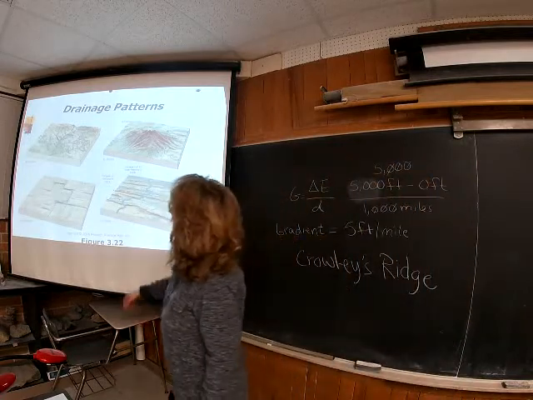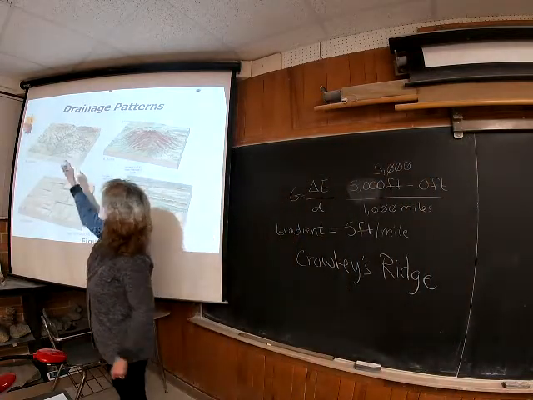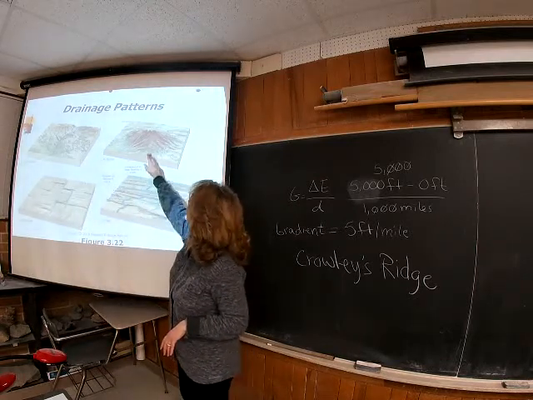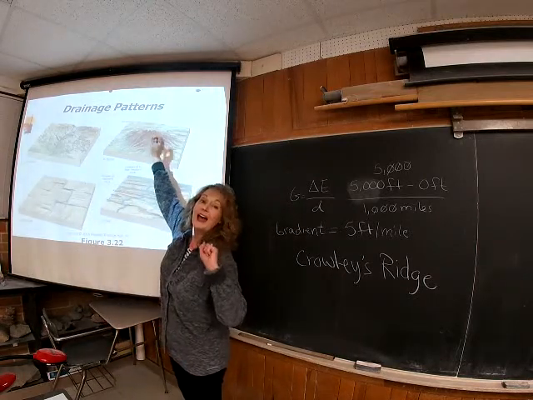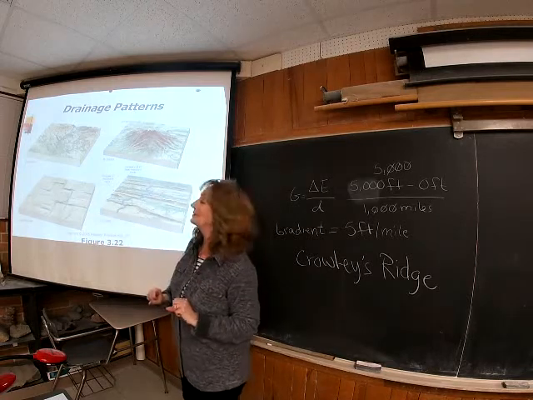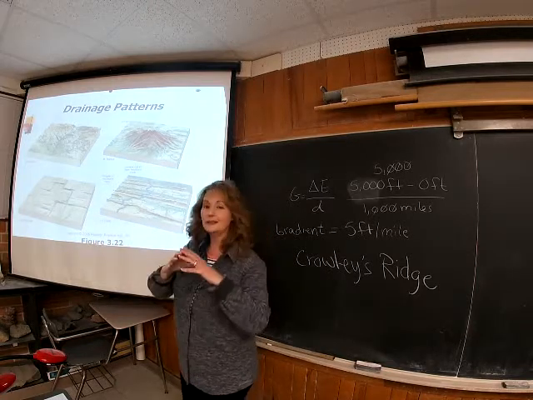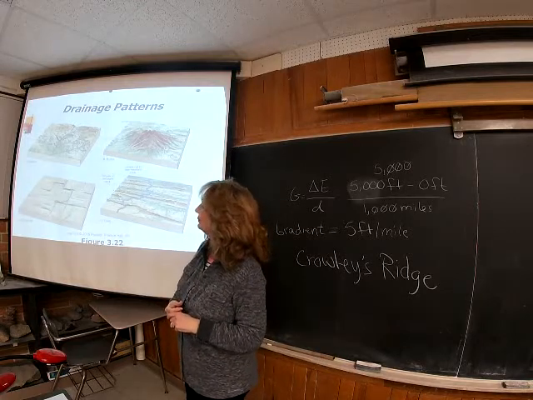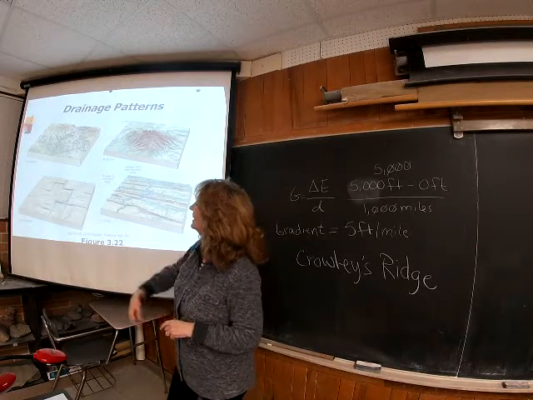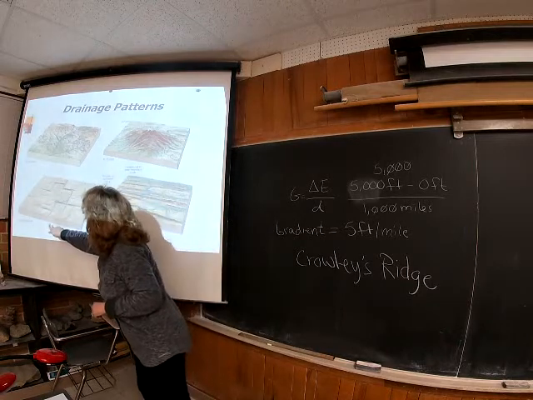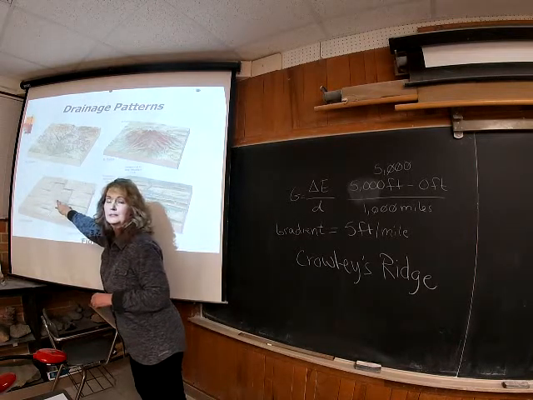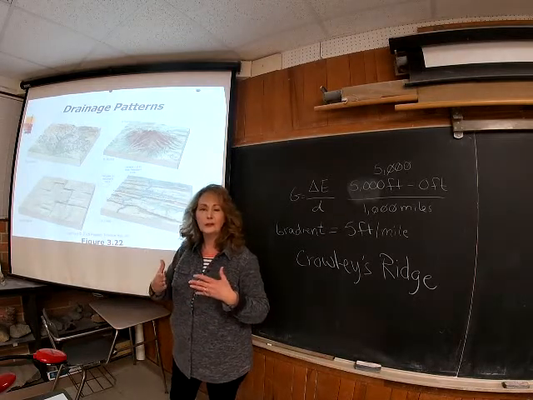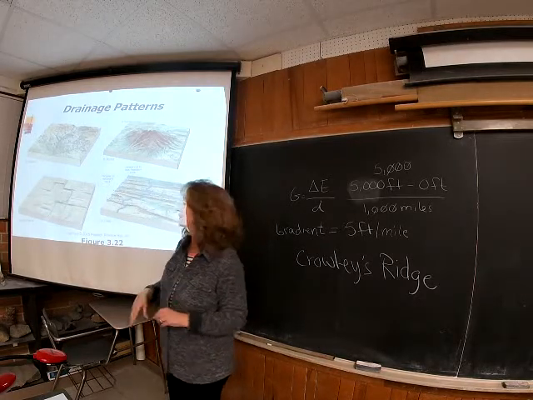Okay. So here was the dendritic one. Kind of looks like the branches on a tree. Radial, so here we've got a volcano, and all of those little streams are going to make their way from that central point outward, almost like spokes of a wheel. Radial, they call that. Rectangular, so it's kind of just moving along the joints and the fractures in the bedrock, along little patterns where there were breaks in the rock.